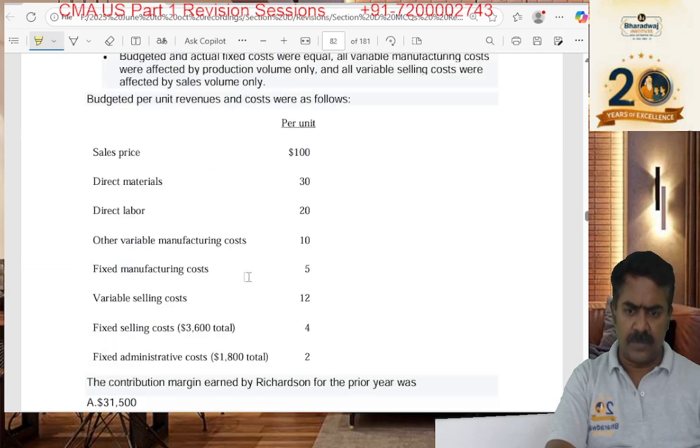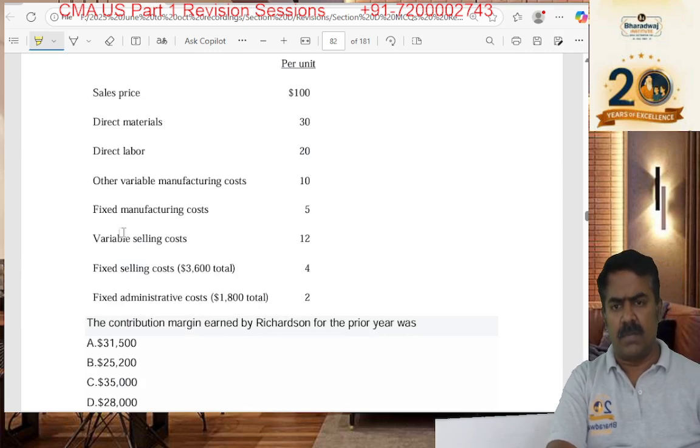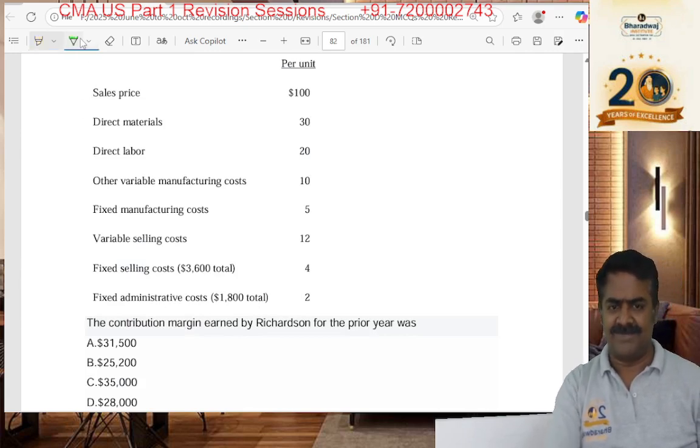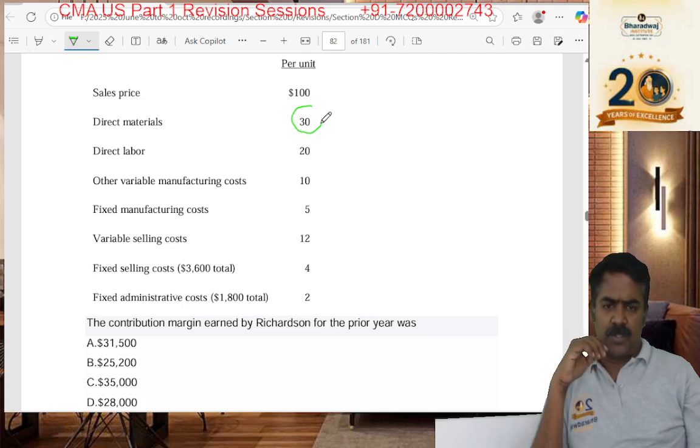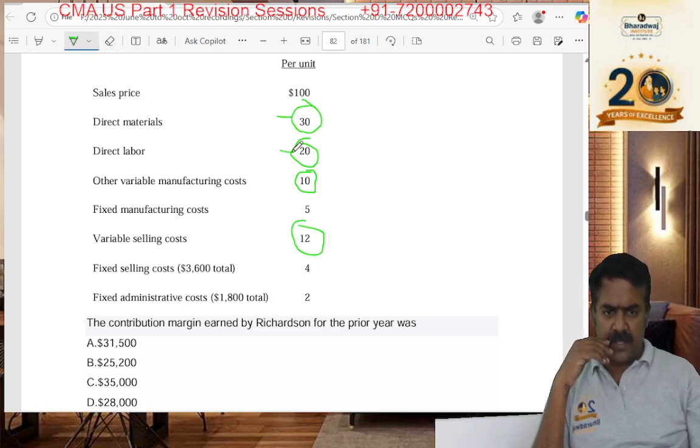Okay. They asked you to work out which one? Contribution margin. To work out contribution margin, direct material, direct labor, other variable overheads, variable selling cost also will reduce from selling price. From selling price, reduce this.